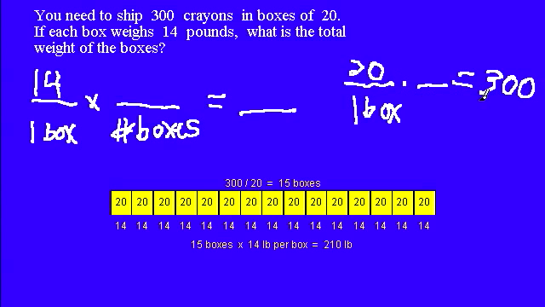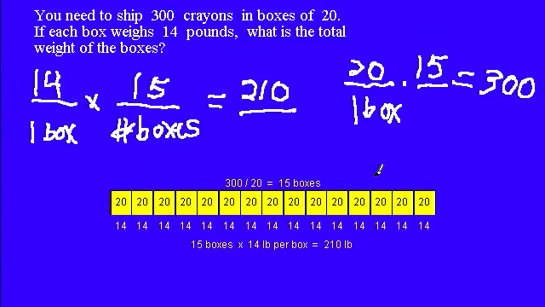So setting up in the multiplication format, it tells us we need 15 boxes. So the subproblem gives us the information we need for that, and then we multiply. It tells us the total weight is 210 pounds.